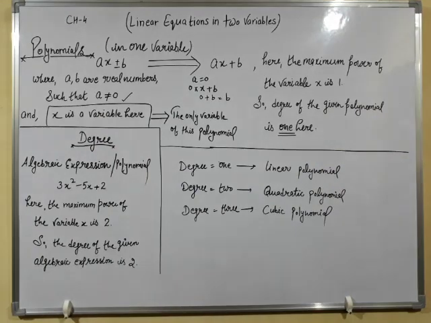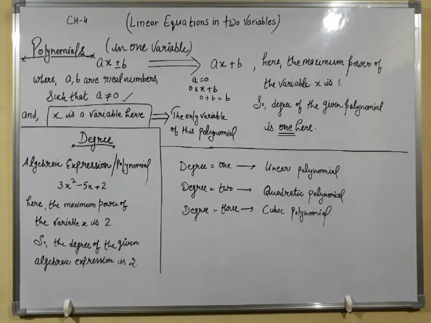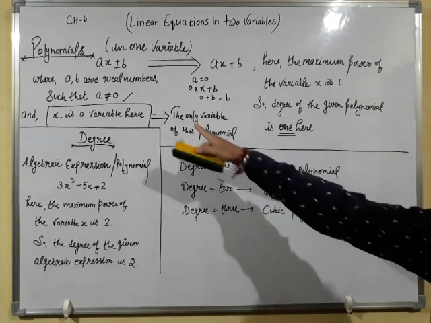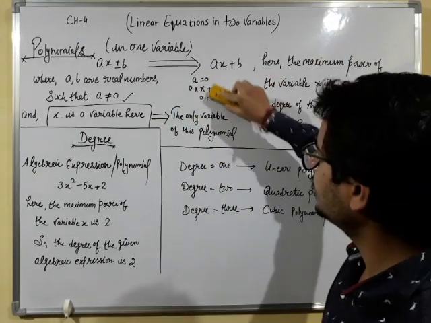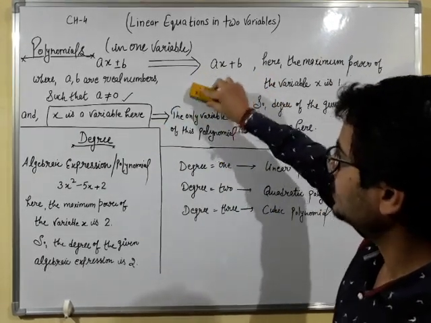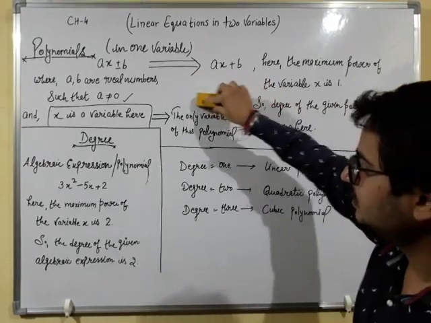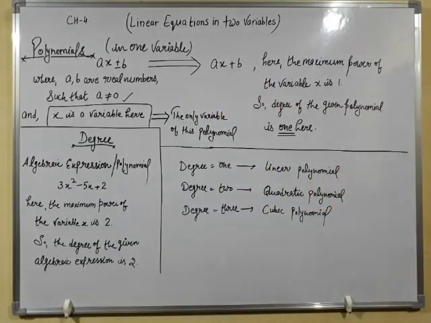Now, x is a variable; x is the only variable of the given polynomial. So this is how we can understand the variable in a polynomial.